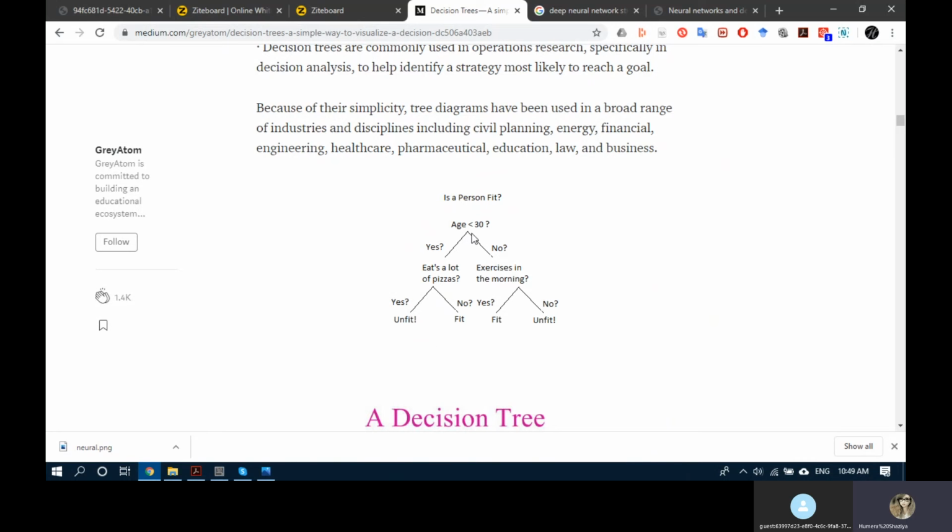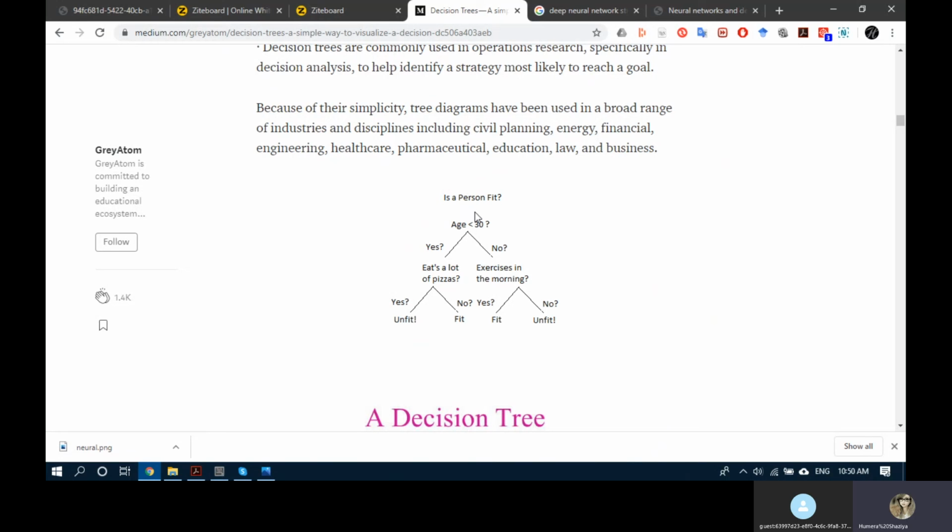If age is less than 30, yes means eats a lot of pizzas, yes means unfit, no means fit. From the data set, you have constructed this decision tree, that is inductive learning, and asking the question, is a person fit? This is a question like deriving new knowledge, whether you are fit or not.